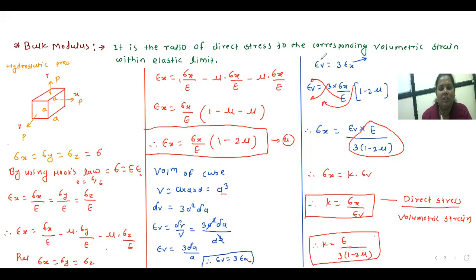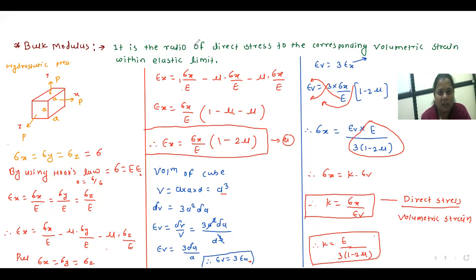So we have this basic equation: epsilon v is equal to 3 into epsilon x, and the value of this epsilon x we have already found. So we will put here the value 3 into sigma x upon E in bracket 1 minus 2 mu. After that, we have to generate the equation in terms of sigma x. So you have to make such an arrangement.